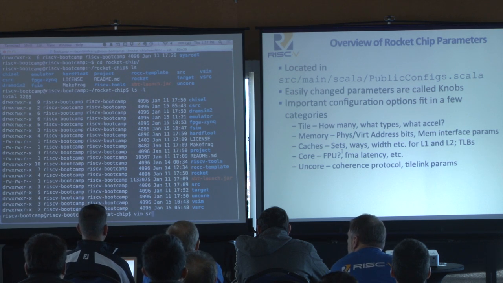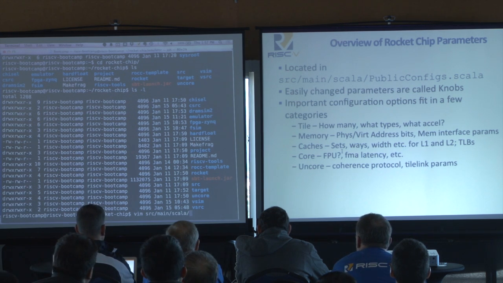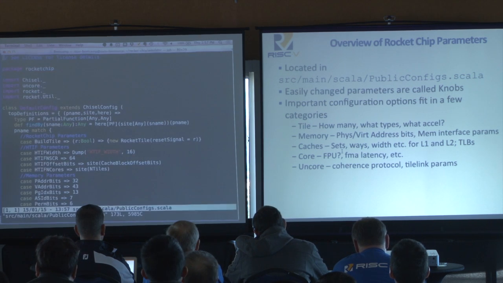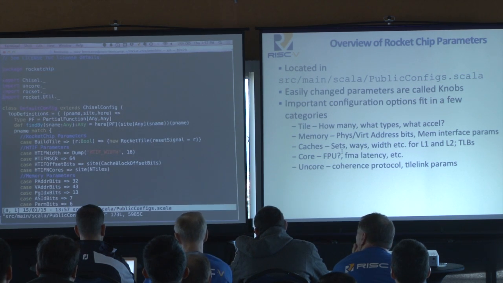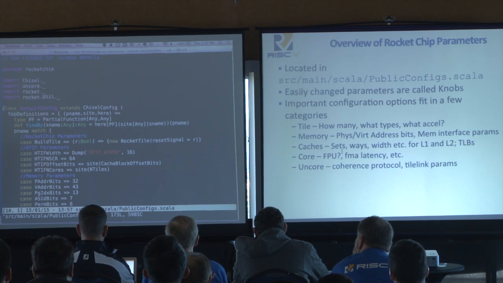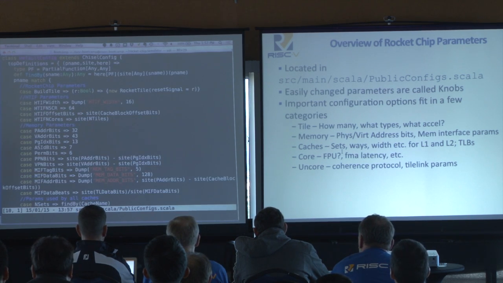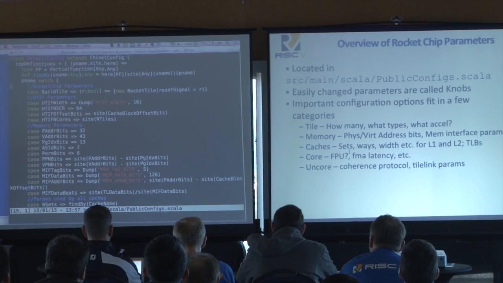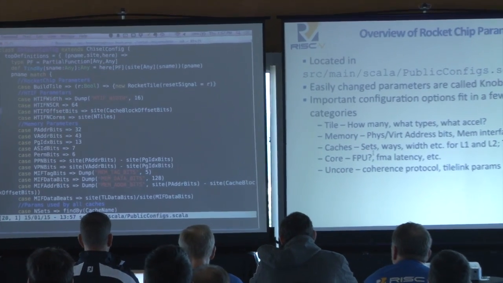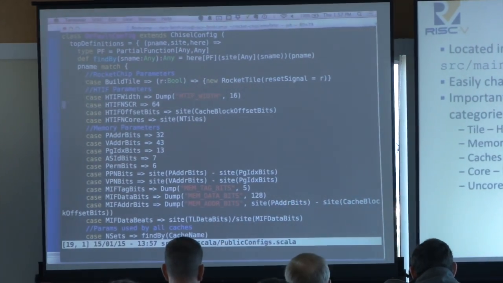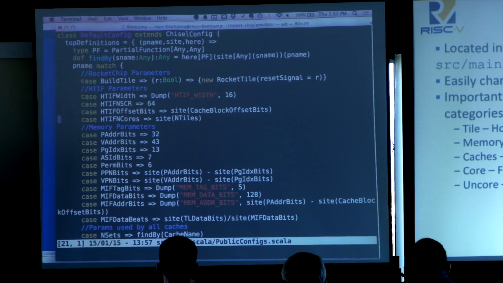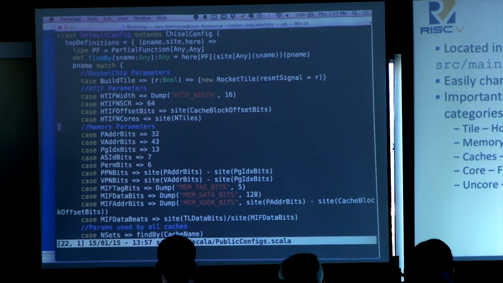The first thing we're going to look at is the configuration file for the RoCC chip. This is what a set of parameters looks like. It's quite extensive, and it's divided up with little comments marking different sections. You see there are HDIF parameters, which set a lot of different things, and memory parameters for your physical and virtual address bits and other memory interface widths.